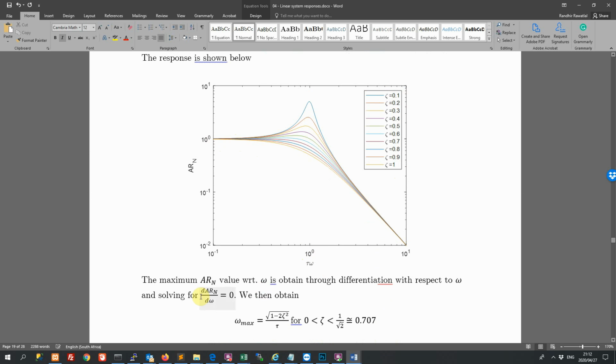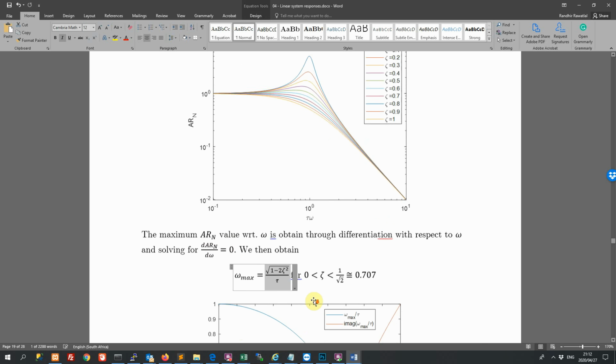So if you go and differentiate your amplitude ratio by omega and set that to 0, then you can find the frequency which gives you the maximum amplitude ratio, which turns out to be, well, it's this value, right?